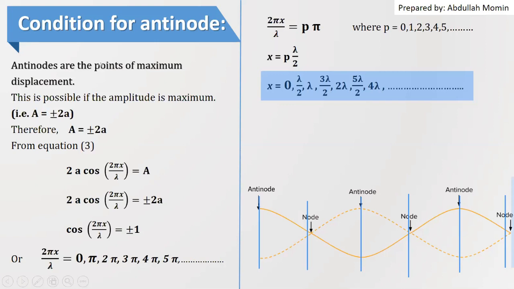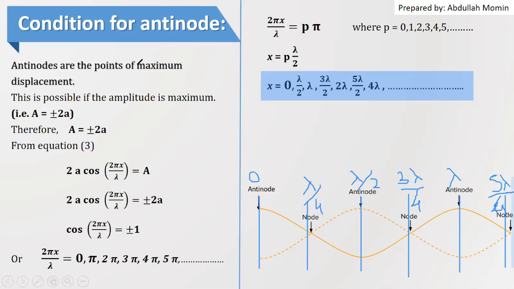So this distance is 0, this distance is lambda by 4, this distance is lambda by 2, this distance is 3 lambda by 4, this distance is lambda and this distance is 5 lambda by 4. We have discussed this in our previous slide.